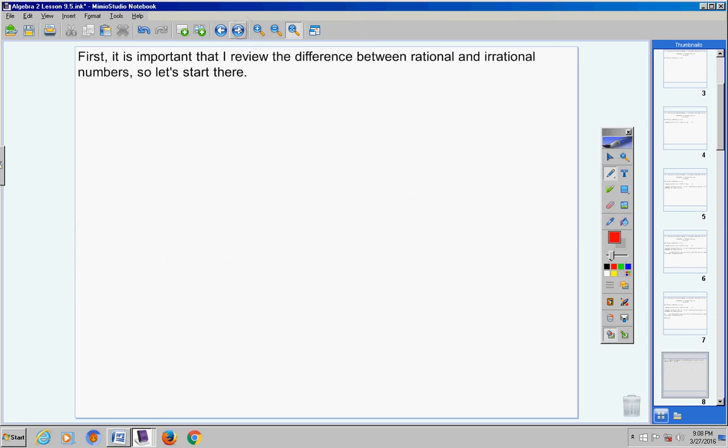Here we go. First, it is important that I review the difference between rational and irrational numbers. So let's start there. Now take some really good notes. Rational numbers. Irrational. If you have had this in the past and you found it difficult, there's really no excuse for that in terms of how it was taught.